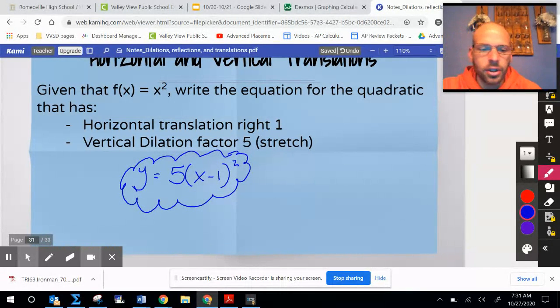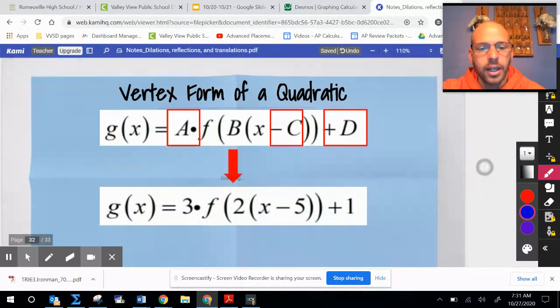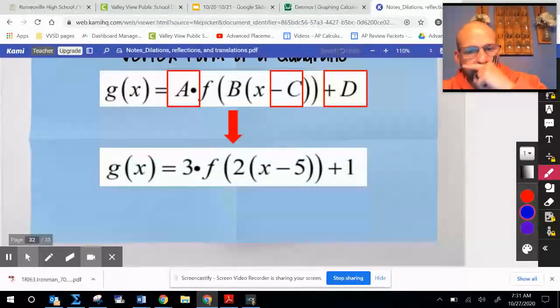Remember, dilations are always multipliers. Translations are always being added and subtracted. Okay, so if I ever give you a translation, left, right, up, down, we know we need to add or subtract in my function somewhere. But if I give you a dilation, that means we're going to have to do a multiplier somewhere in our function. Okay, so just kind of a little review here.